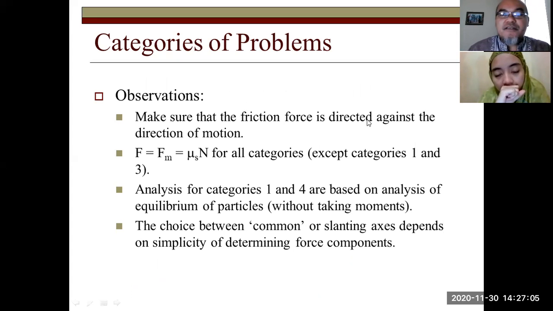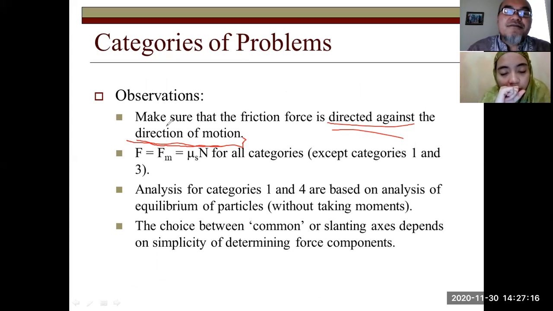Make sure that the friction force is directed against the direction of the motion. This is very important. The maximum static friction force Fm equals mu s N for all categories except categories 1 and 3.